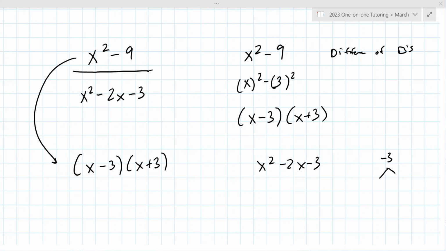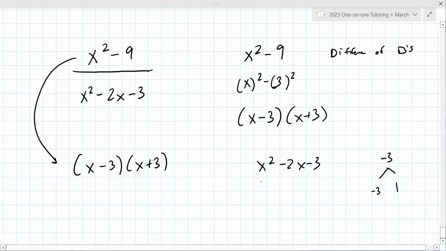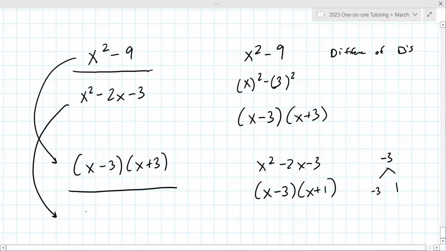So would it be -3 and 1? Yes. So it becomes x minus 3, x plus 1. And that goes on the bottom.